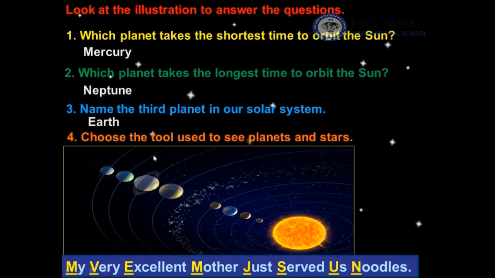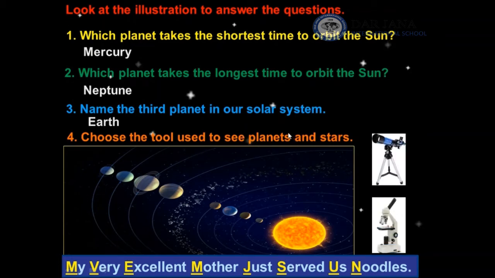Now, choose the tool used to see planets and stars. I will show you now 2 pictures. This is a telescope and this is a microscope. Which tool do you think I need to use to see the moons, the stars, and the planets in space? Do I need a telescope or a microscope?